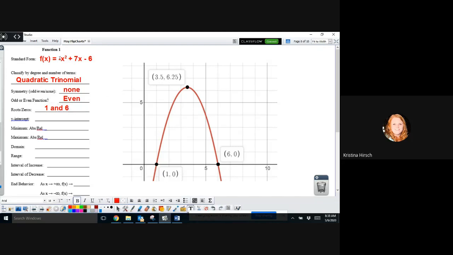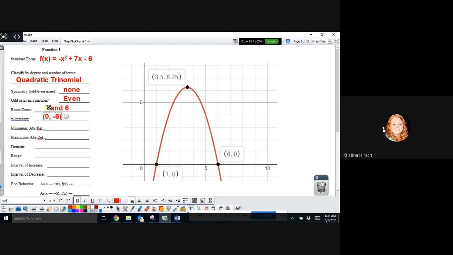If I looked at my original function and substituted in a 0, these two terms would cancel out because 0 squared is 0 and 7 times 0 is 0, and all I'm left with is negative 6. So whatever your constant is at the end, that will be your y-intercept as long as it's in standard form. So my y-intercept is (0, -6).